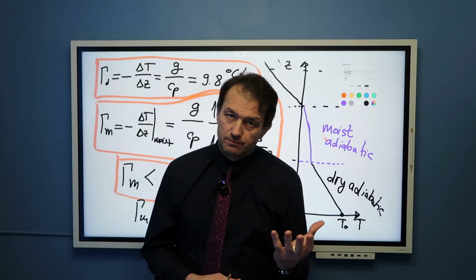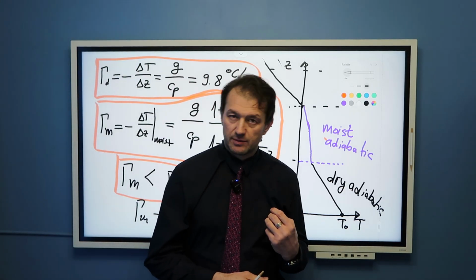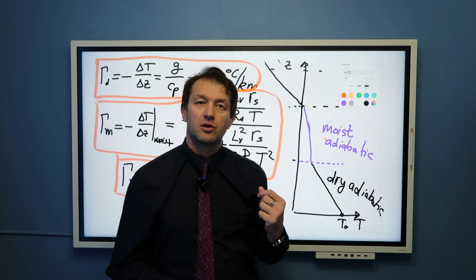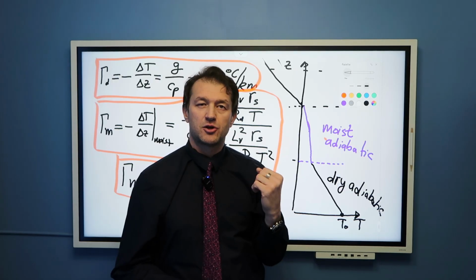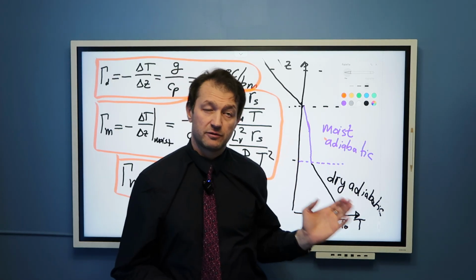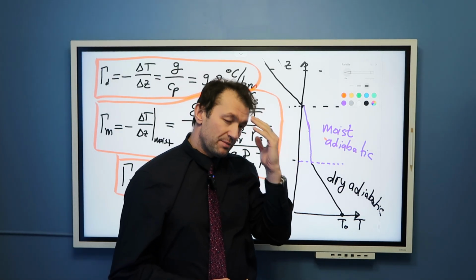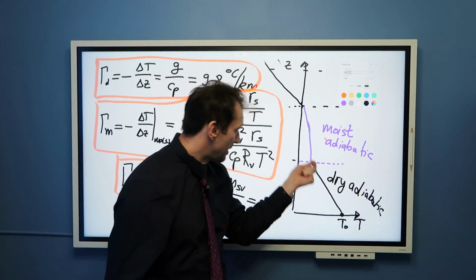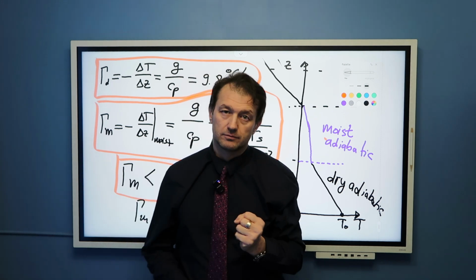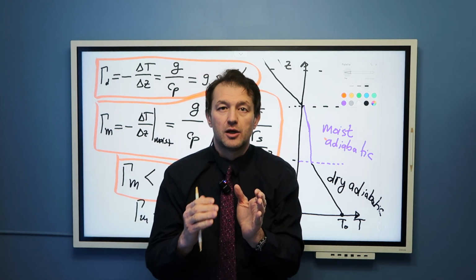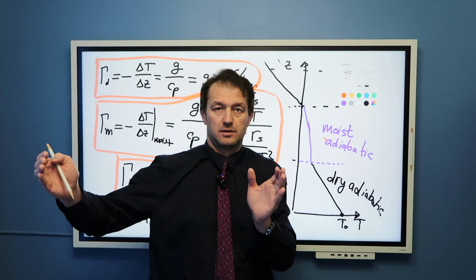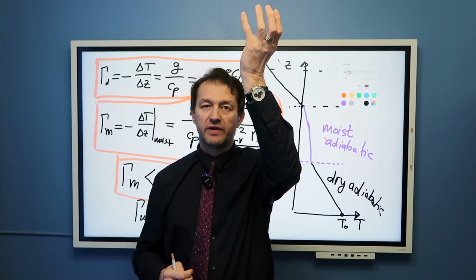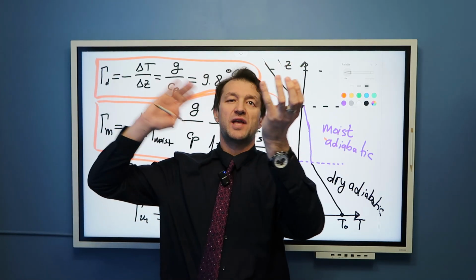In the next video, we will discuss the concept of stability. You see, this is how the temperature of a rising or descending parcel of air changes. But what we want to study is also how that change of temperature corresponds to the ambient temperature at a given height, because you have a parcel of air moving up with respect to a stationary atmosphere.